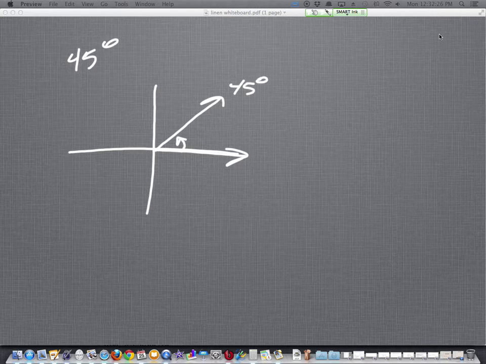Now I want to find a coterminal angle. So Hunter, what can I do to find a coterminal angle? Add or subtract 360. So if I add 360, which means I'm going to go past it and all the way back around, what would that angle be? 405. Okay, and Bailey, what would I get if I subtracted 360?